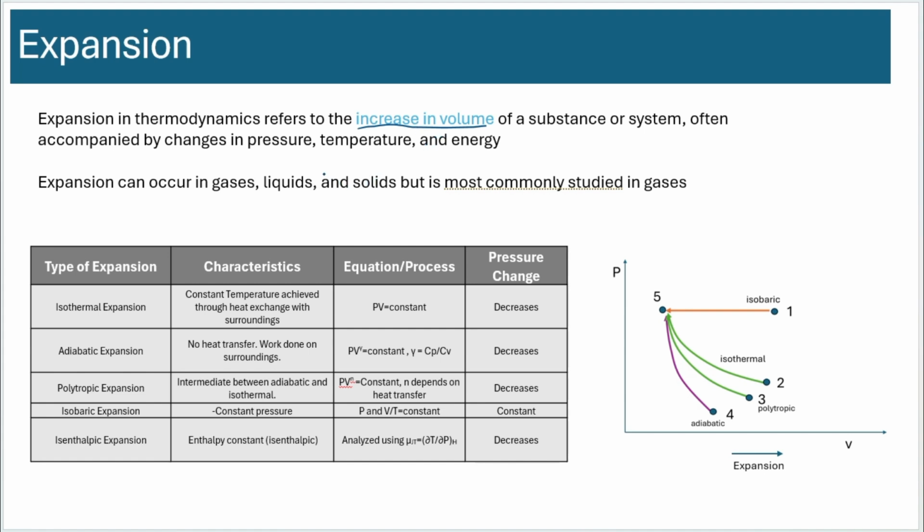It is quite often accompanied by a change in pressure, temperature, and energy, but not always, especially when you consider pressure. It can remain constant in an isobaric expansion. It will decrease in every other most common expansion method.